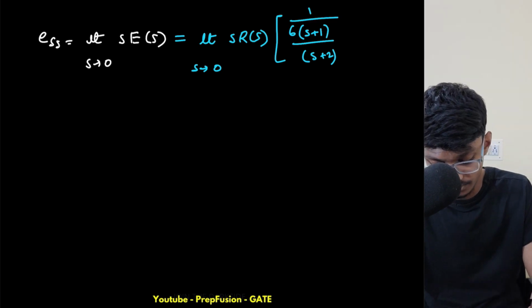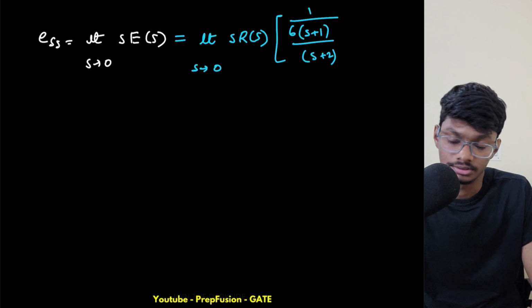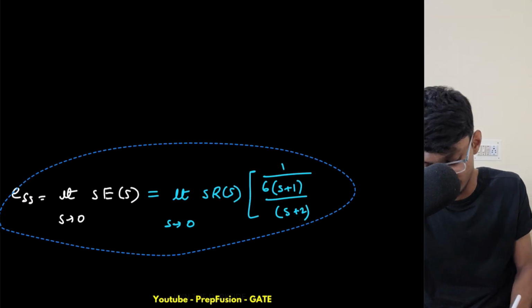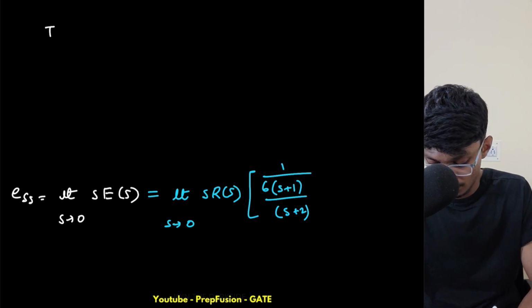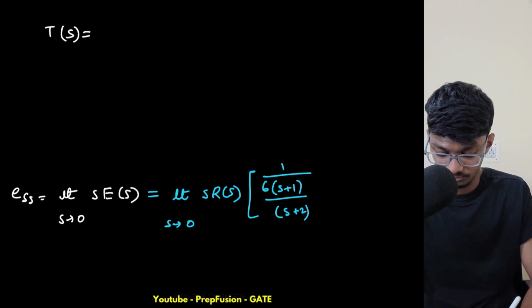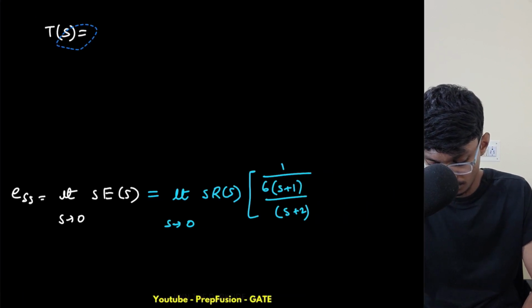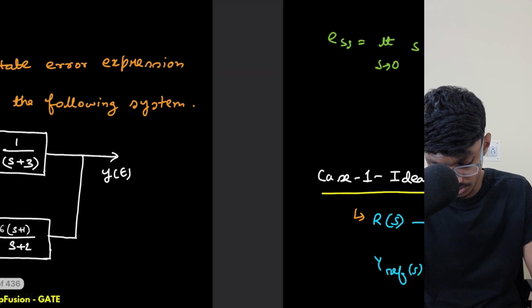It was 1 by h of s, so this is 1 by h of s, and this is plus t of s. So t of s I will write separately because this will make this messy. T of s is g upon 1 plus g of s. What is g of s?